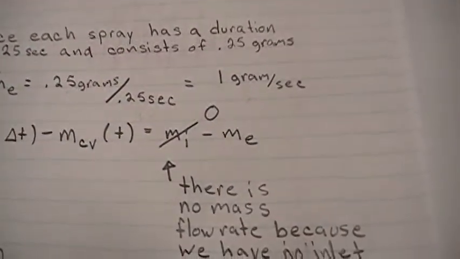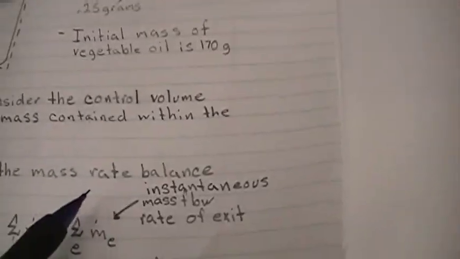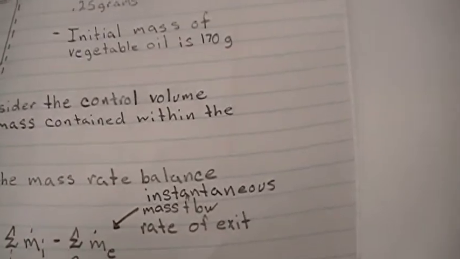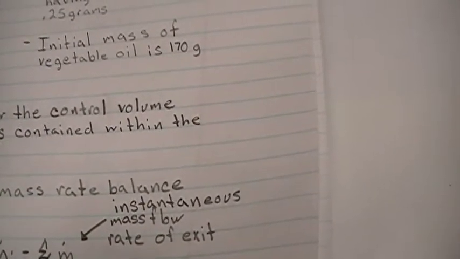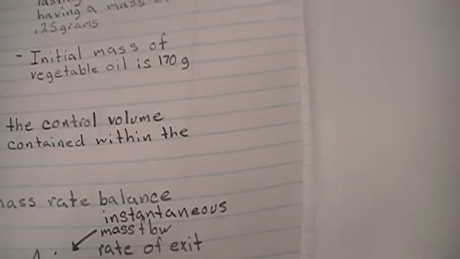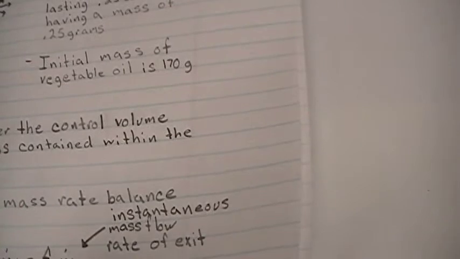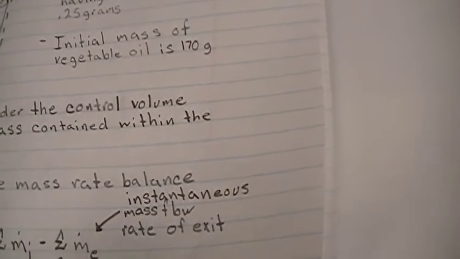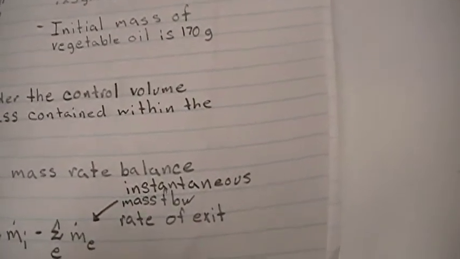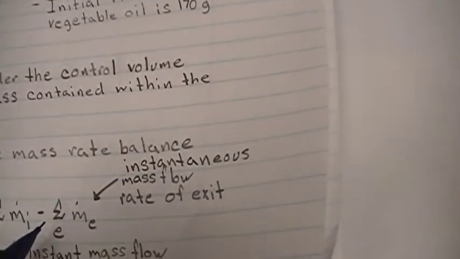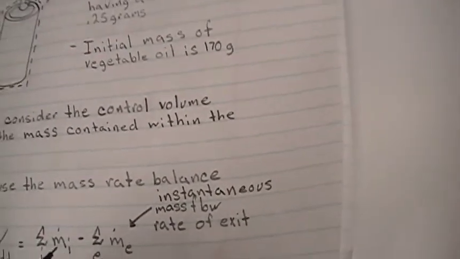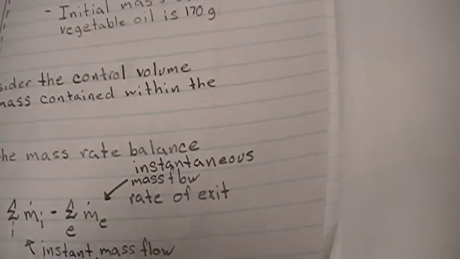Continuing on to our second question, we will use the mass rate balance equation, which reads the time rate of change of mass, which is dm of the control volume with respect to time, equals the summation of the instantaneous mass flow rate of the inlet minus the summation of the instantaneous mass flow rate of the exit.